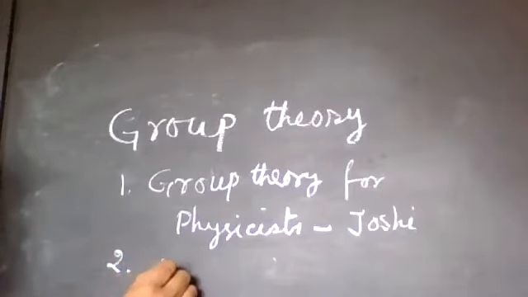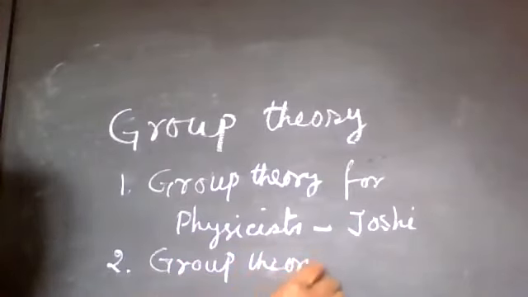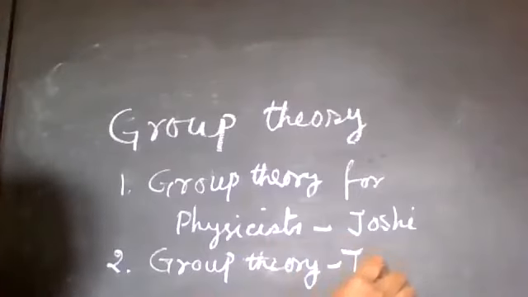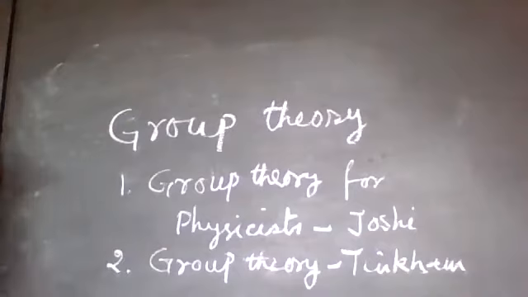Number two, Group Theory by Kingham. Now these two books are very good books, but a part of the syllabus will not be covered in both these two books. I will tell you later which book to follow for that continuous group or the Lie group part.